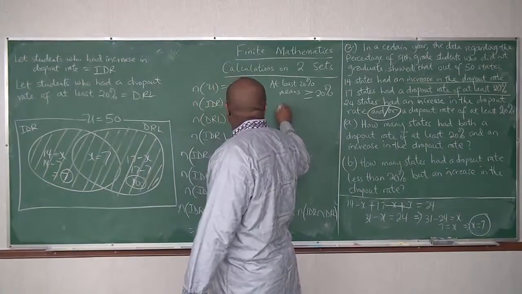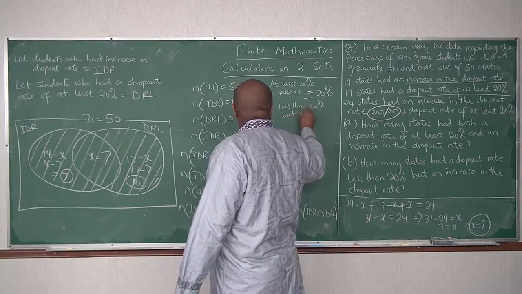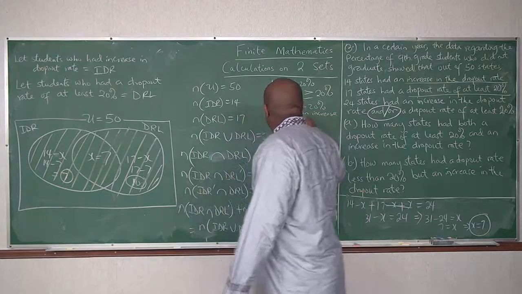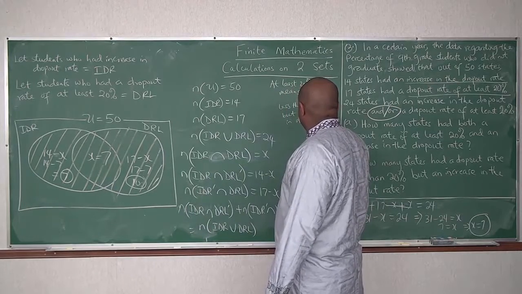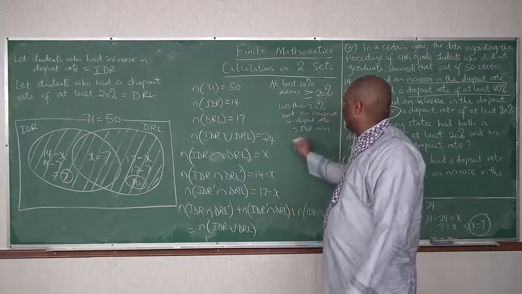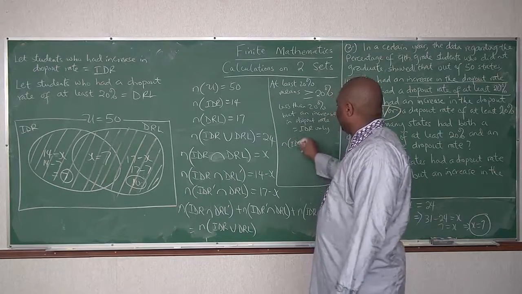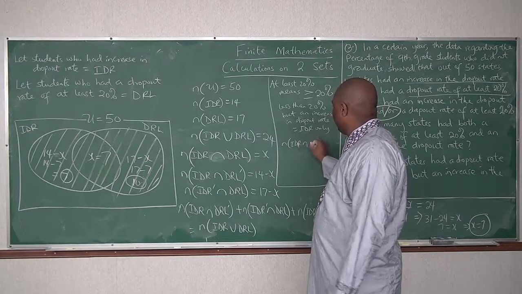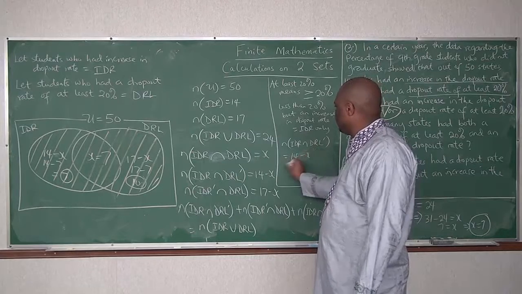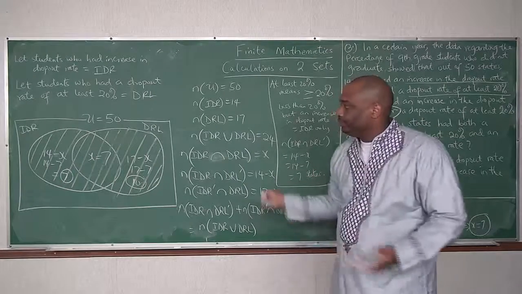They are looking for IDR only. And that is cardinality of IDR intersect DRL prime. And that is 14 minus x, which is 14 minus 7, 7 states. 7 states, that is it.